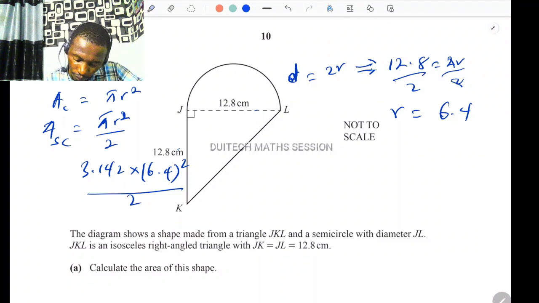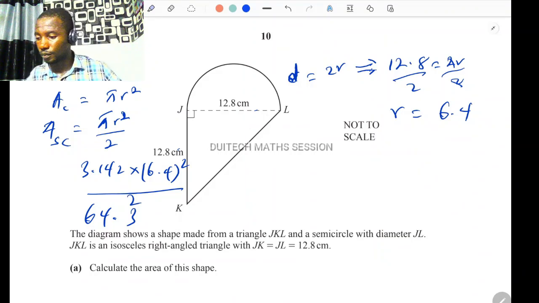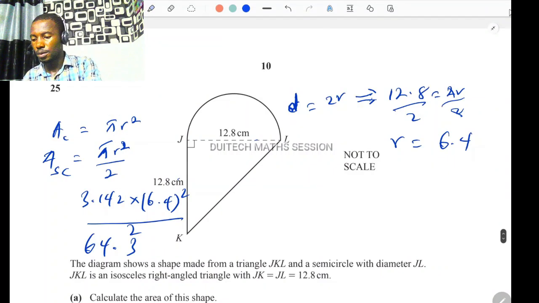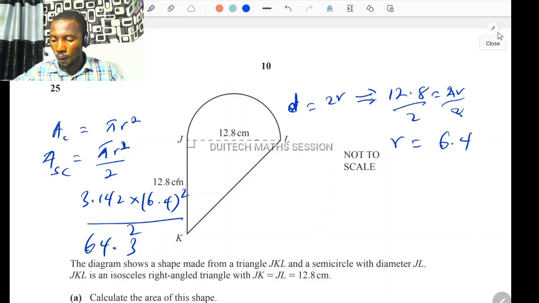So we have 64.3. That's for the semicircle. So we've gotten that one.